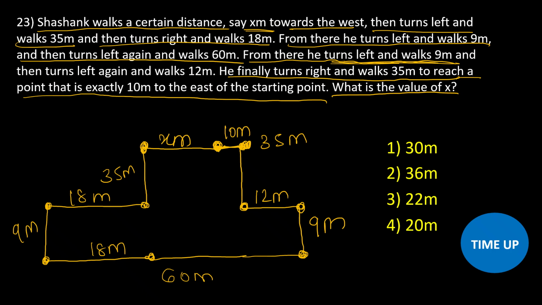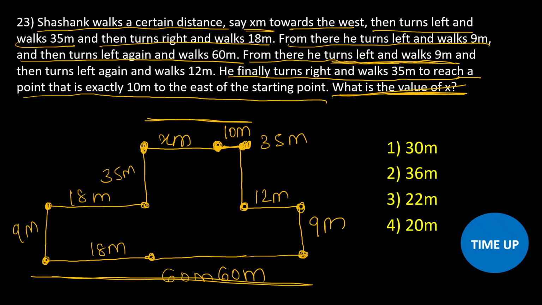So here this part we want and this part is there, correct? So this full is 60 meter. So how will we find out the value of x? You will say 60 is equal to 18.